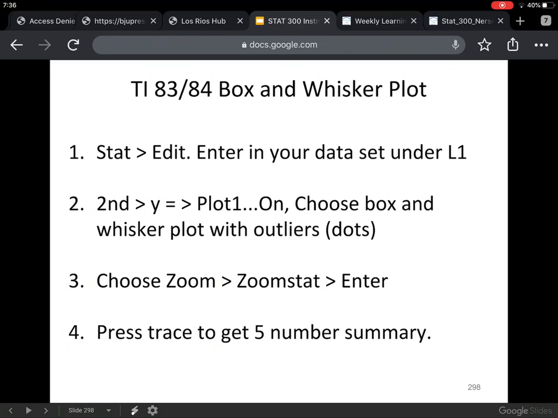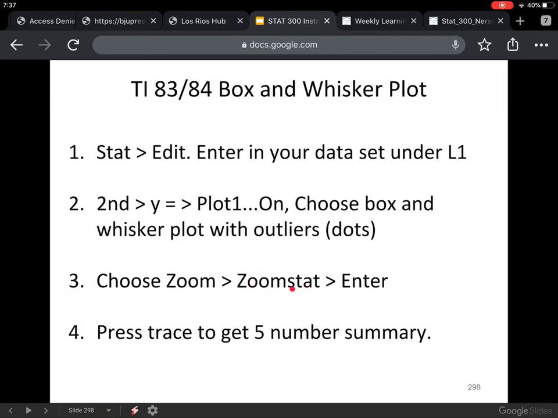You go to Stat, Edit, enter your data set under List 1. Go to Second, which is the upper left-hand corner. Click the Y equals button. Go to Plot 1. Turn it on. And then among the different options, choose box and whisker plot with outliers, or with dots, and then choose Zoom and choose ZoomStat.